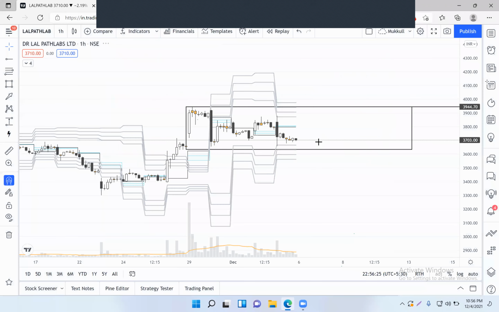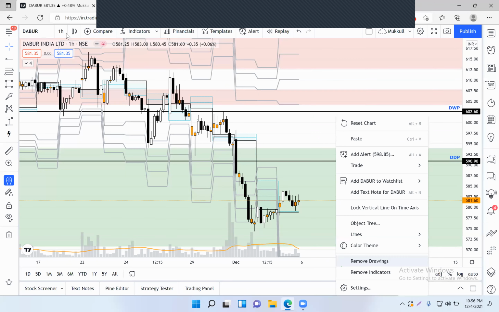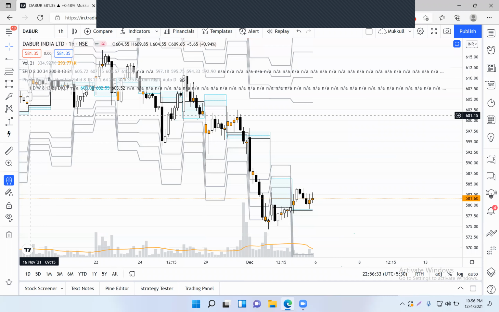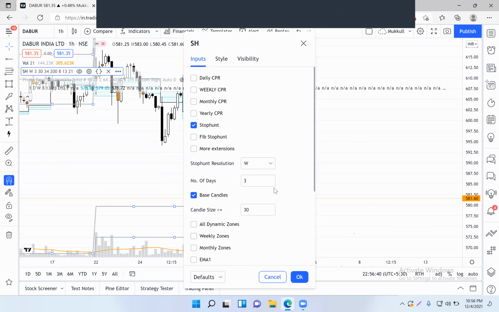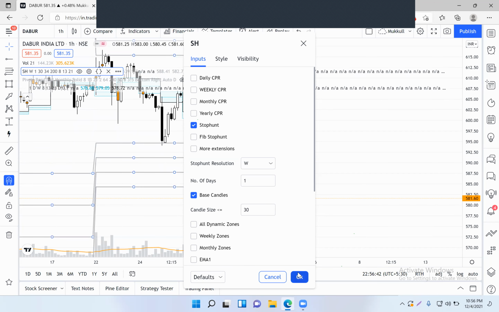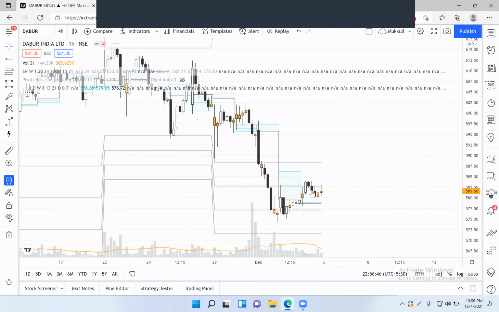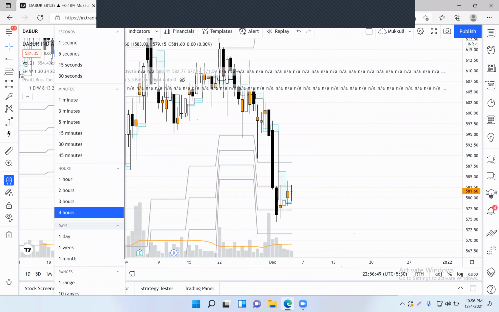No, I have to look for the setup also, if there is any setup coming up. See, so this is for weekly. So simply I will go to the indicator. If you want to avoid the noise, then you can use 4 hours, or even you can go to the 1 day time frame also.